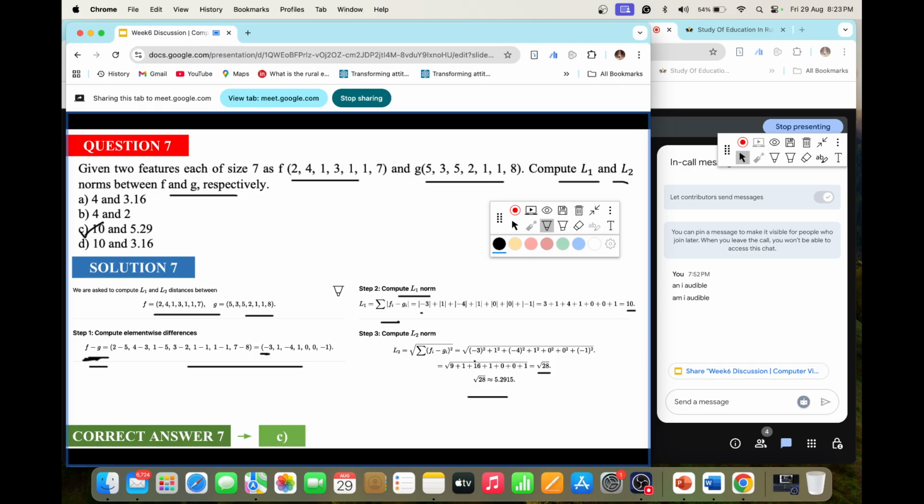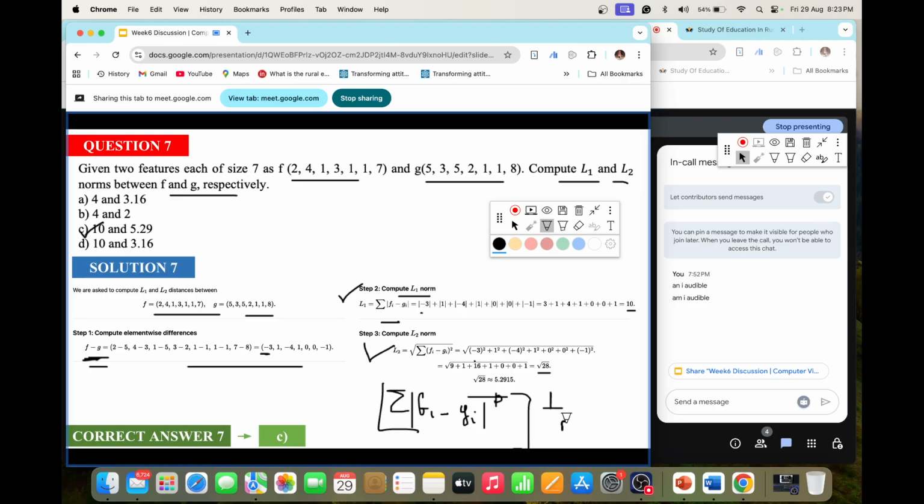So this is your L1 formula, this is your L2 formula. Okay, and in practice, any LP operator is given by the mod of fi minus gi to the power p, and then root over 1 by p, that is, to the power 1 by p.